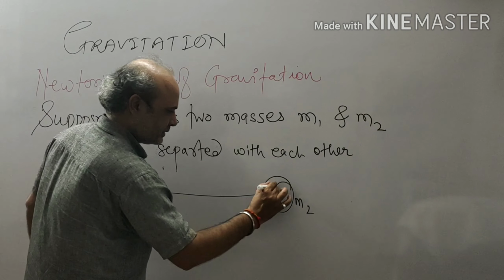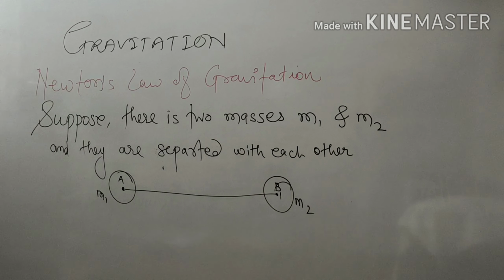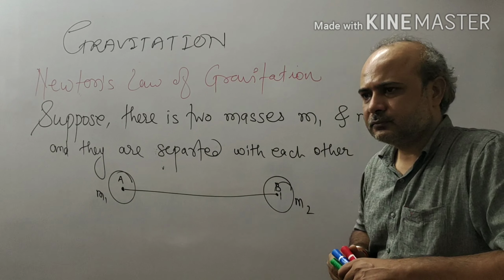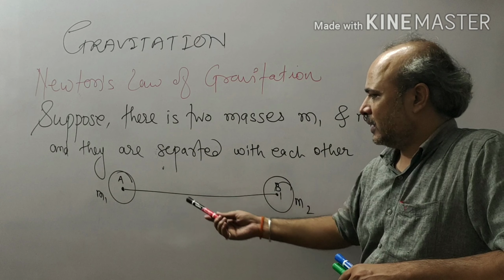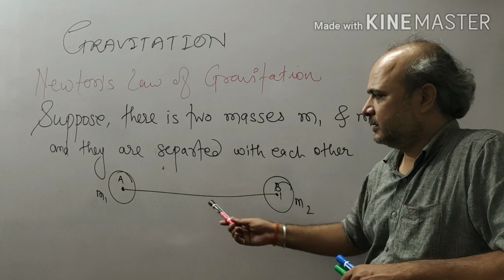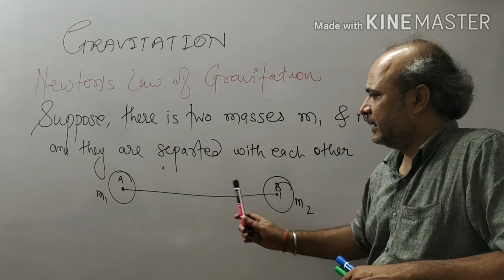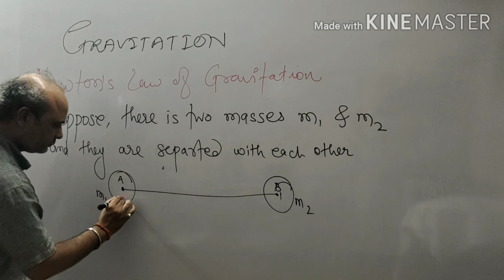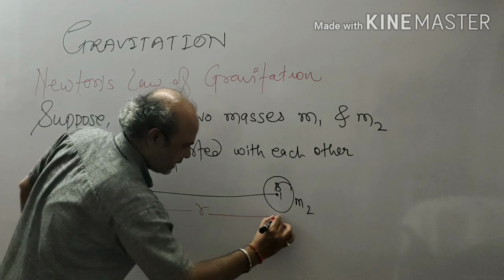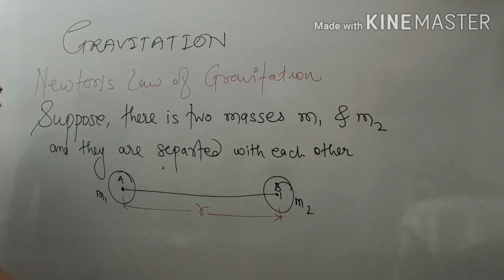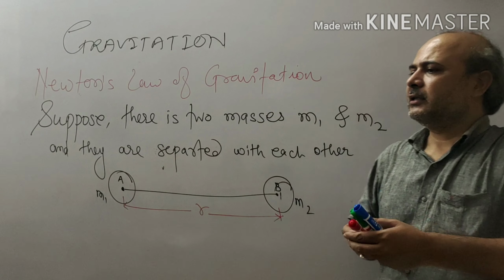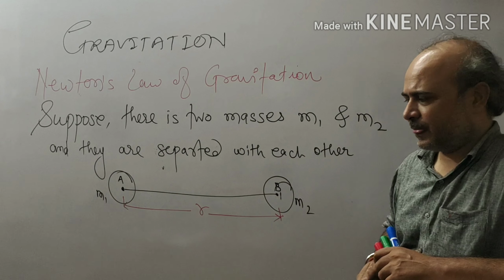This is A and this is B. So here A and B are two objects having masses M1 and M2, and they are separated by a distance R.